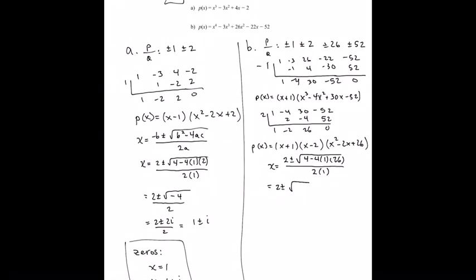So 4 times 26 is 104. 4 minus 104 is negative 100. Square root of negative 100 is 10i. So this is 1 plus or minus 5i. So the zeros are x equals negative 1, x equals 2, and 1 plus or minus 5i.